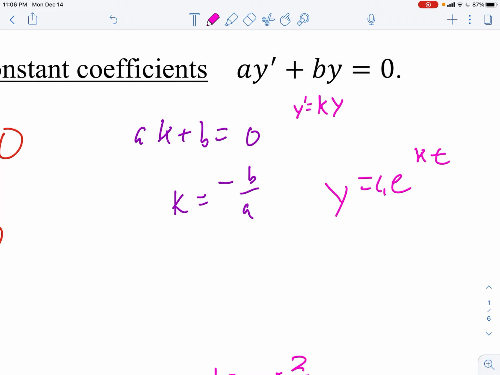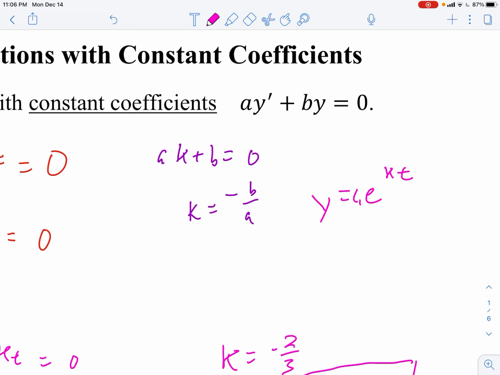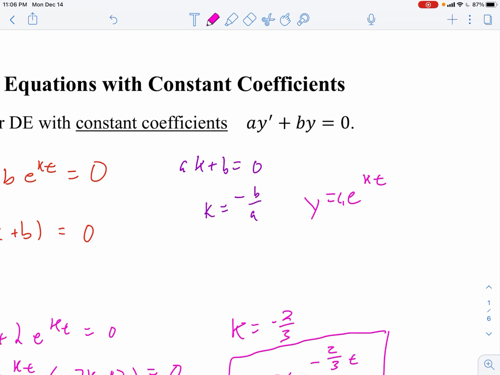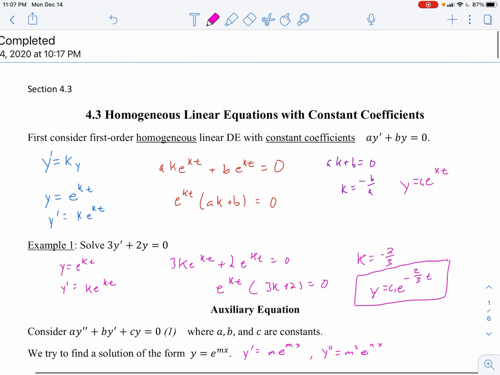So y prime is equal to k times itself. Now, if you think of functions where, when I take the derivative, it's a constant times itself, well, then that's when you get the exponential.